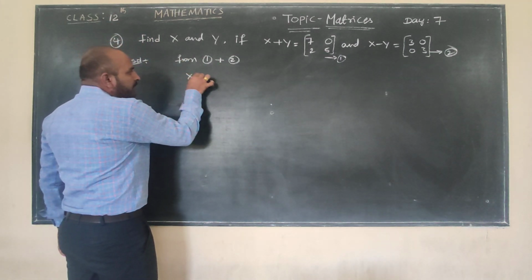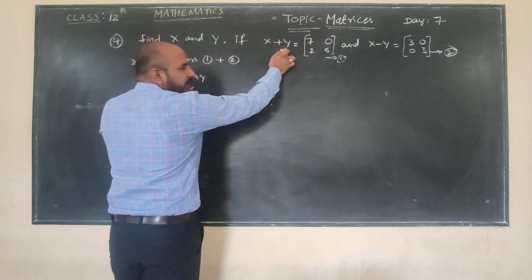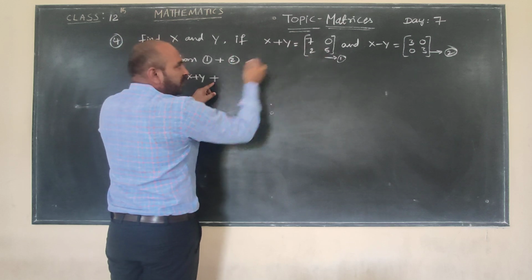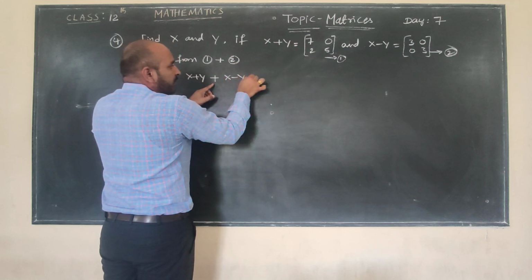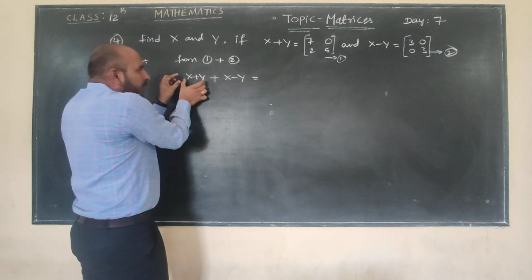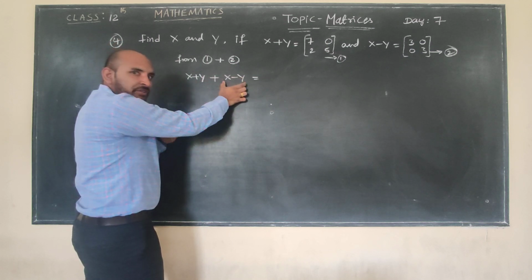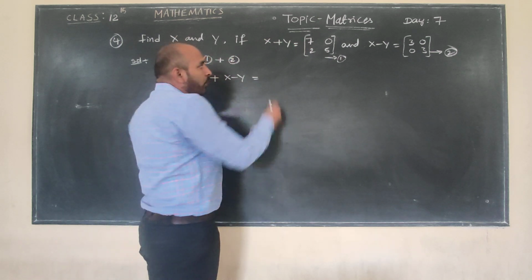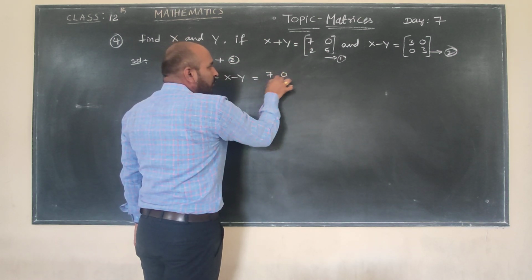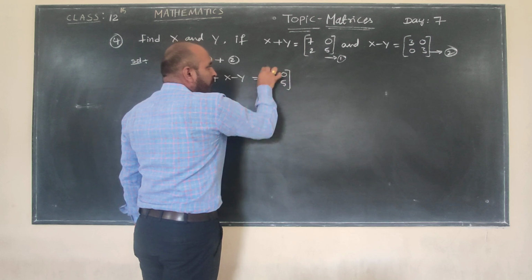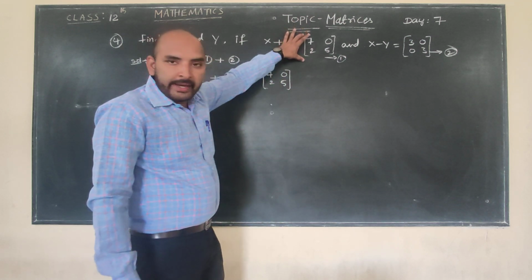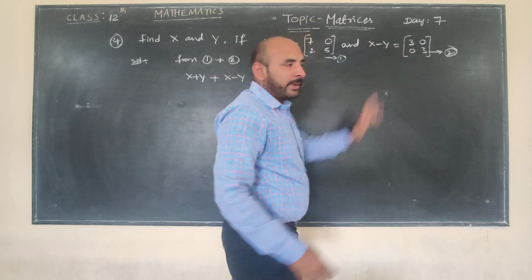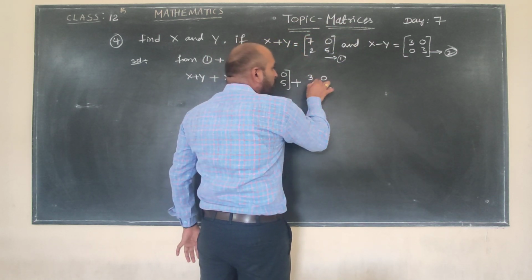So X plus Y, first equation left hand side, plus second equation left side value X minus Y, equals the first equation right hand side matrix 7 0 2 5 plus the second equation right hand side matrix 3 0 0 3.